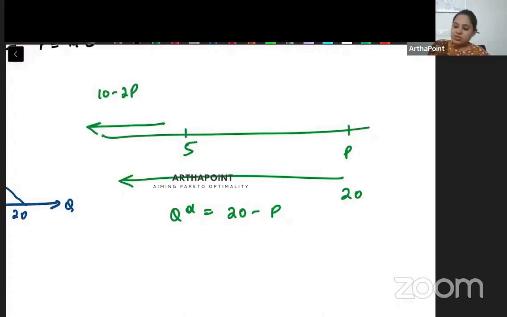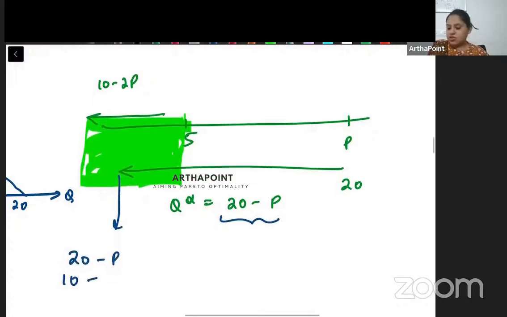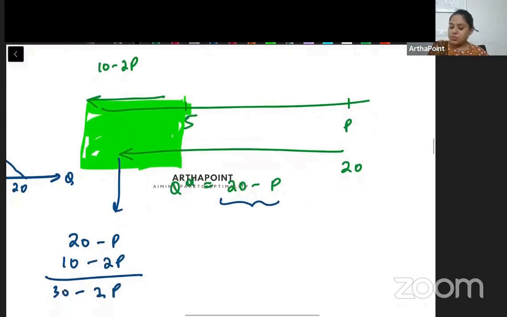So just think about this. इस zone में जब price 5 से नीचे है, both the consumers will demand. The first consumer, his demand function is 20 minus P. Second consumer, his demand function is 10 minus 2P. So total will be 30 minus 3P. This will be the total demand.